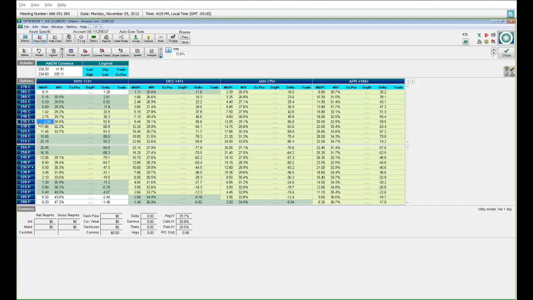Now, the time premium, if you look at this particular example, I'm pointing at a 235 call. So in other words, Amazon right now closed at 234.33. So it's not quite at 235, right? A little bit below it.